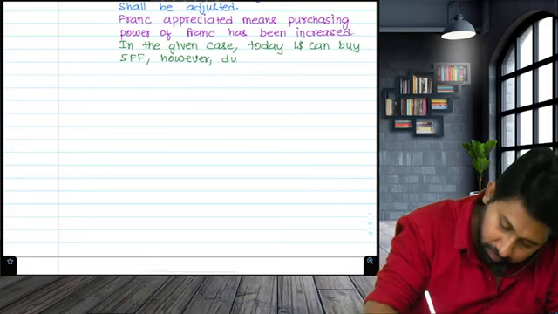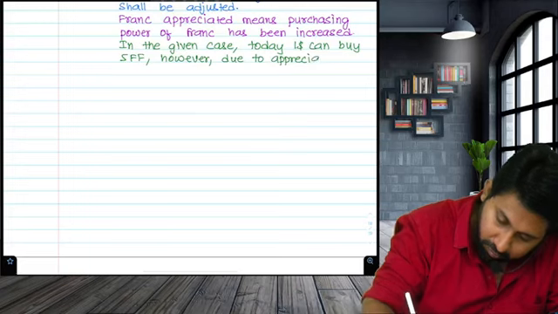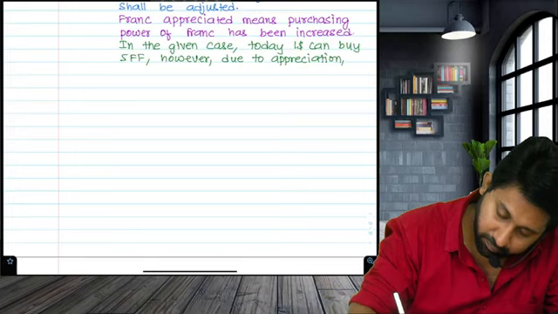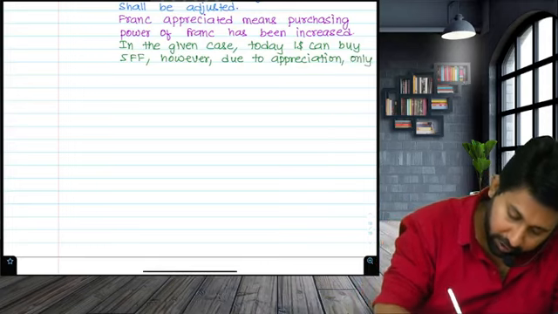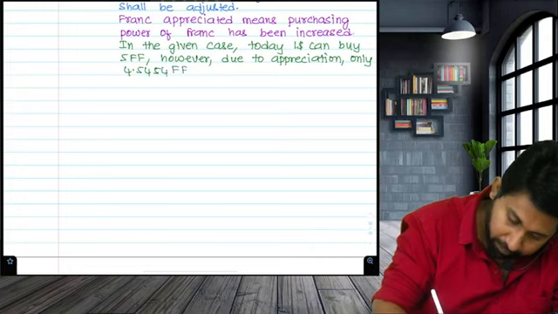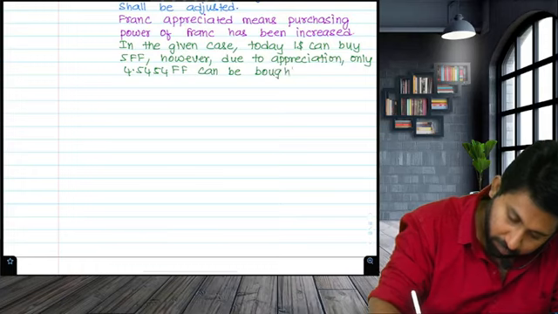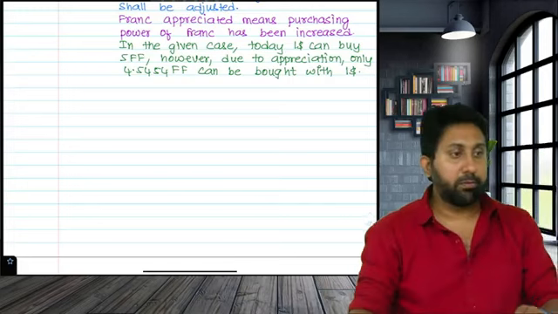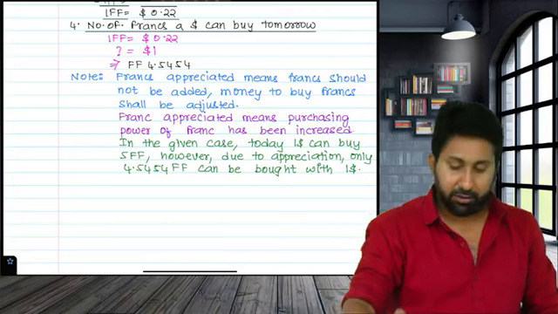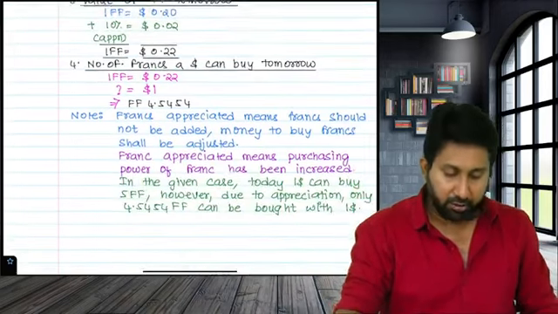However, due to appreciation, only 4.5454 francs can be bought with $1. So this is how the notes can be drafted. I hope everyone understood this particular question number 27.